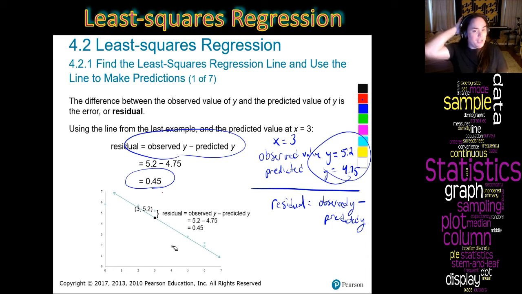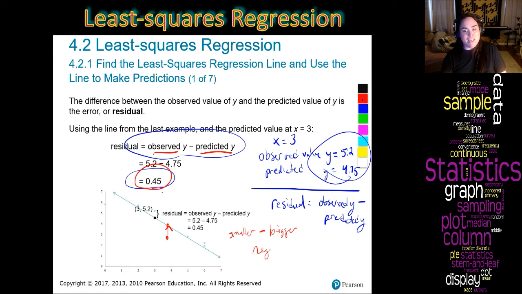Anyway, that's how you calculate a residual. If your observed is more than your predicted, you'll get a positive residual. If your observed is less than your predicted, then observed will be smaller minus the predicted, which would be bigger, and that's obviously going to give you a negative residual.